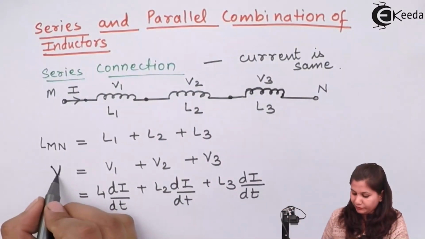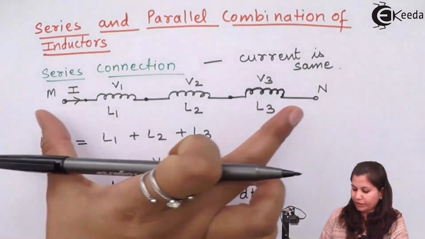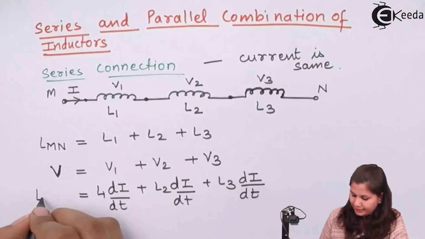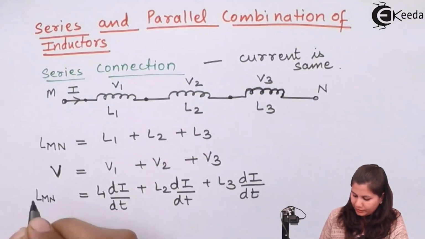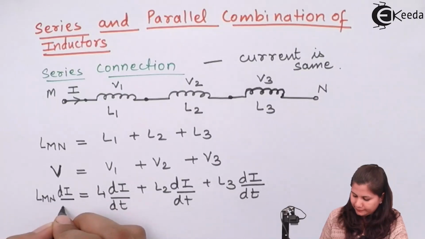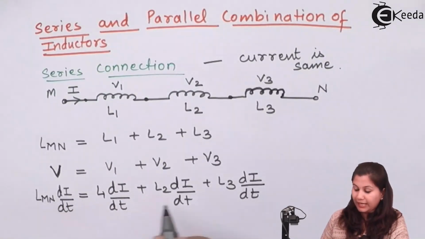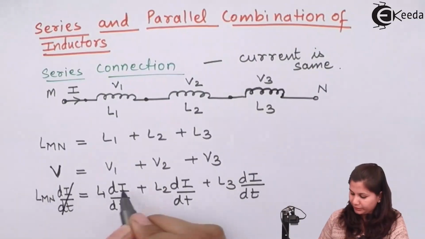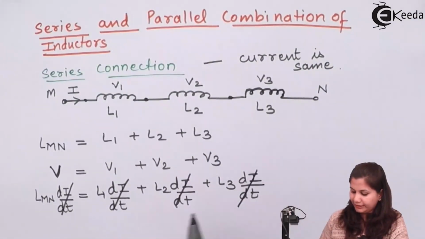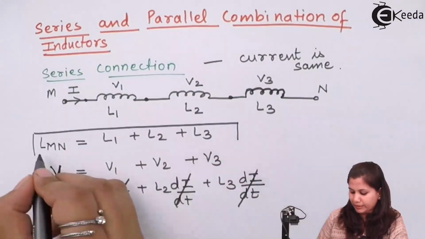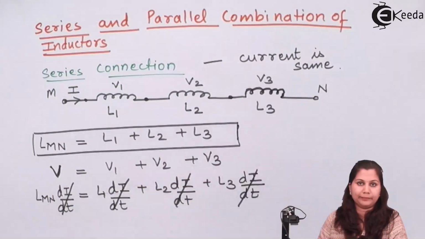And what is the total V? That is the voltage across these points M and N, which will be Lmn di by dt. So from this equation, if we take di by dt as common, it will be cancelled and we are left with Lmn equals L1 plus L2 plus L3.